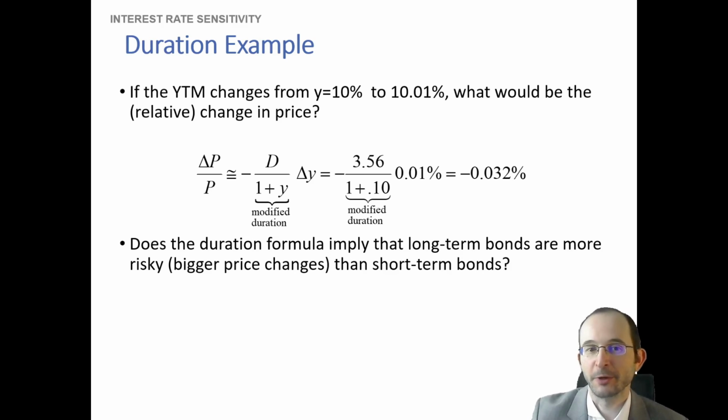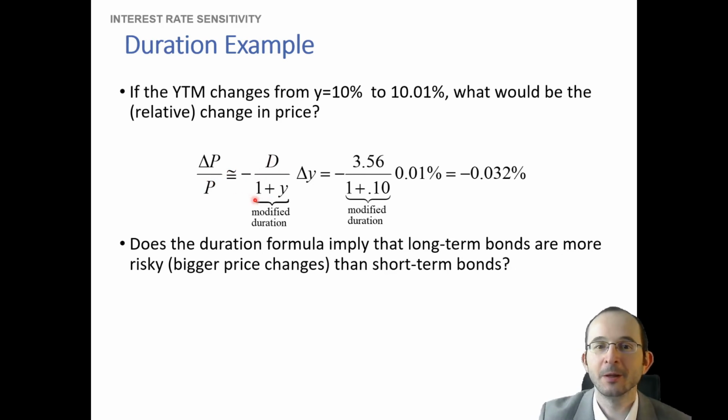We're going to use our expression that the change in the price of the bond with respect to its original price is approximated as the negative modified duration, where we take our duration and rescale it by 1 plus the yield, times the change in yield. Now remember, for the modified duration, we use our original value of the yield, so 10% rather than 10.01%.